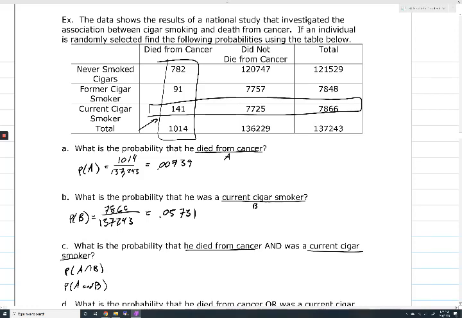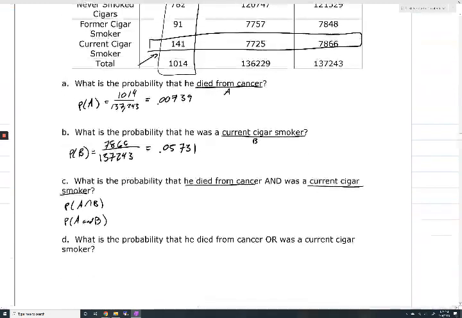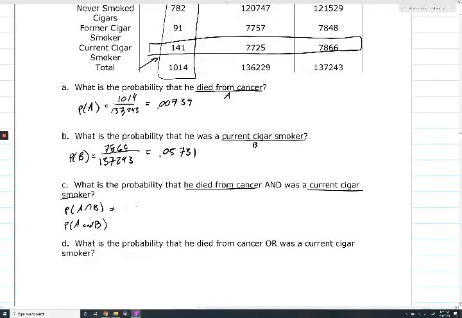That is the number that got circled twice, so that is our overlap. That is the and part of this. They died from cancer, and they were a current cigar smoker, and so we get 141 divided by, and again, 137,243, which is 0.00103.